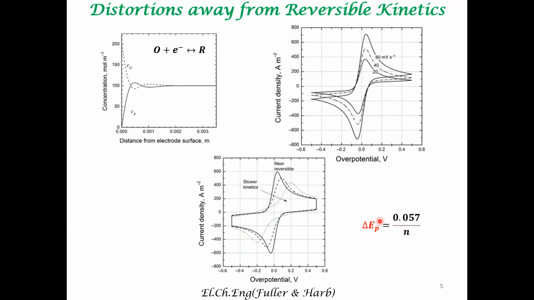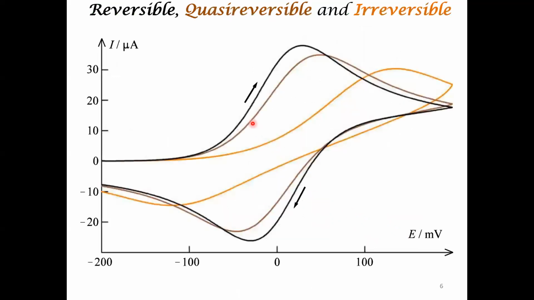So things can get quite complicated. So here we are showing three different cases. There is this reversible case, which is indicated by the black curve. We have discussed this sufficiently in the last two lectures. So the brownish curve is a quasi-reversible system.